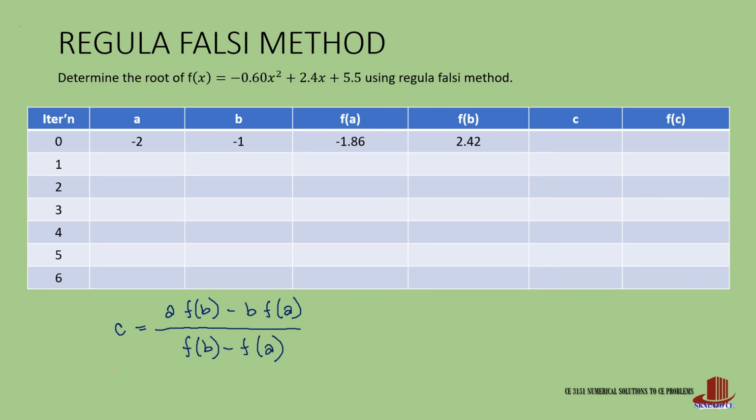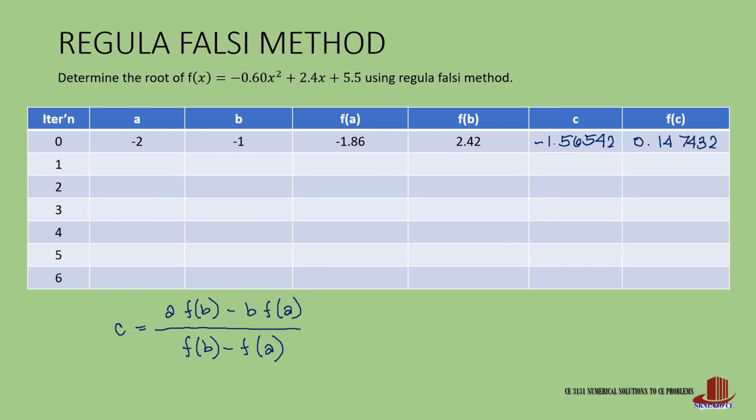So let's proceed with our zero iteration. If we have a as negative 2 and b as negative 1, using our formula, we can compute for c, which would turn out as negative 1.56542.